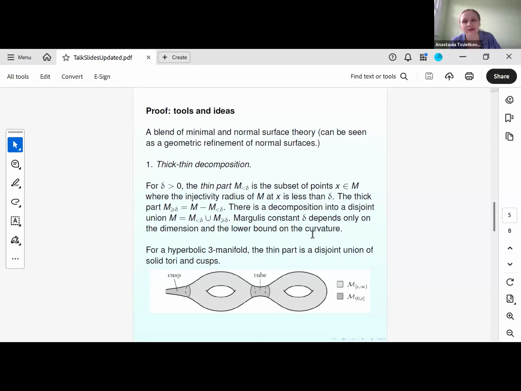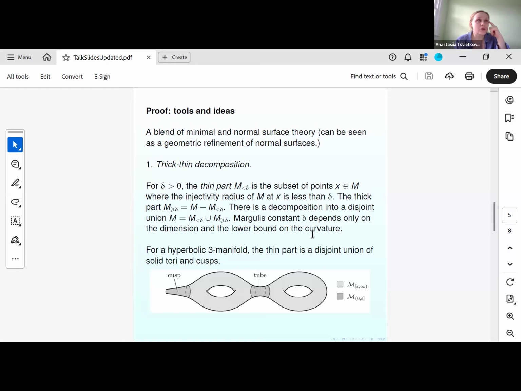refine normal surface theory by using differential geometry, by using stable minimal surfaces. Minimal surface theory is its own thing in differential geometry. There's a lot of theorems and facts that have been proved about stable minimal surfaces, about their curvatures, about their area growth, etc. So they're very nice to work with.